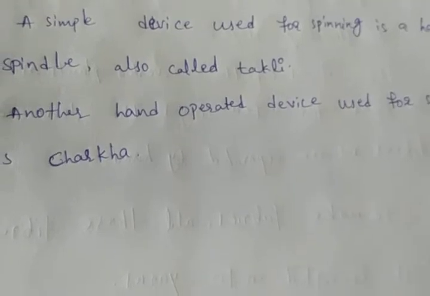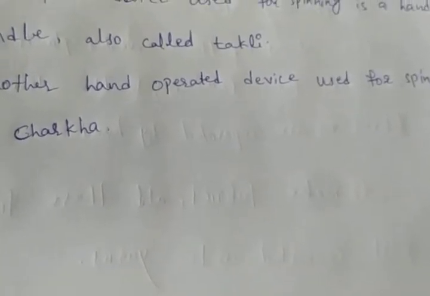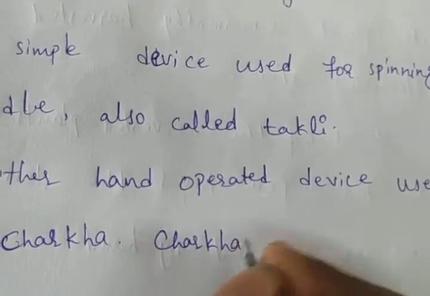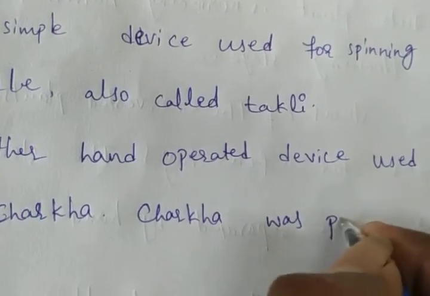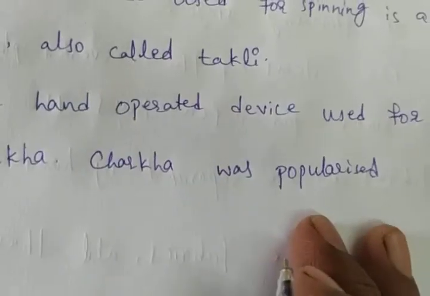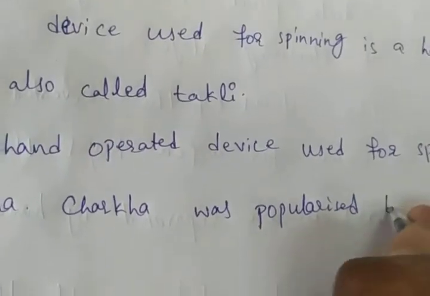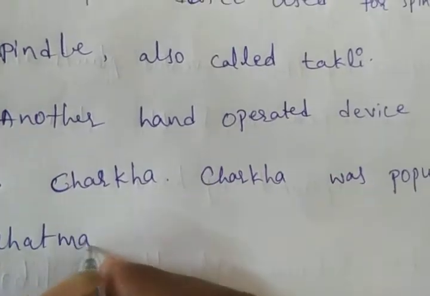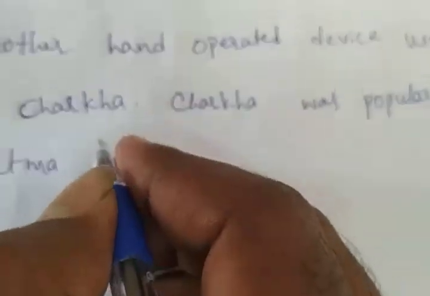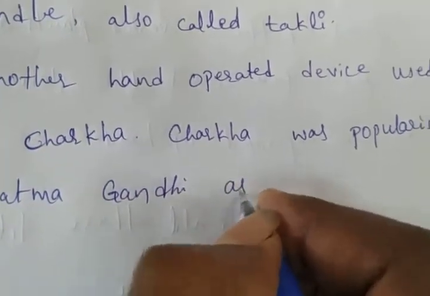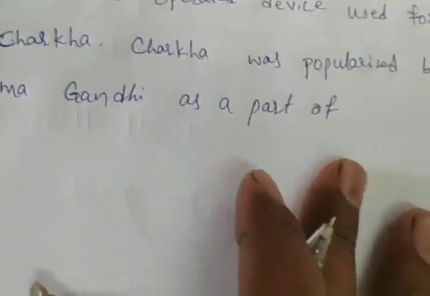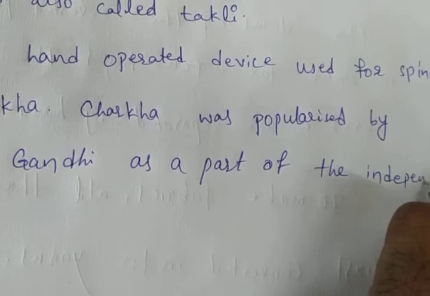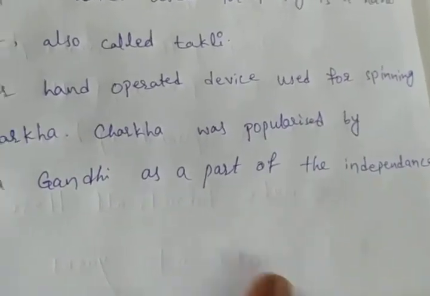A hand operated device used for spinning is a charkha. The charkha was popularized by Mahatma Gandhi as a part of the independence movement.